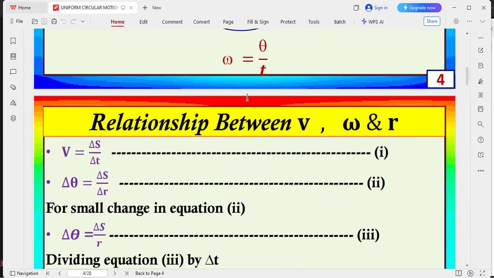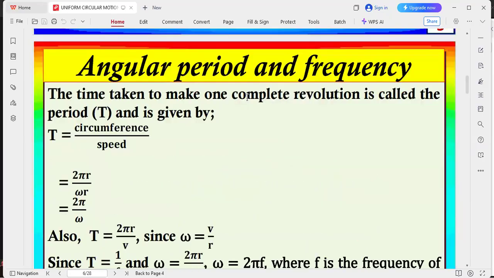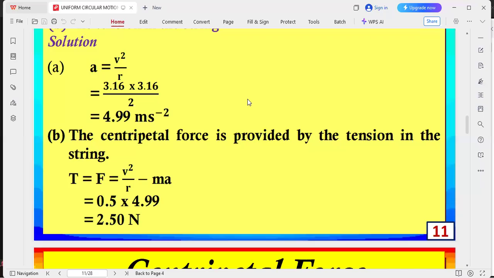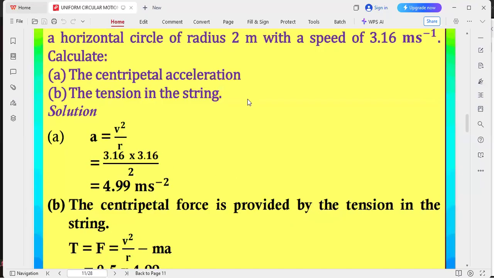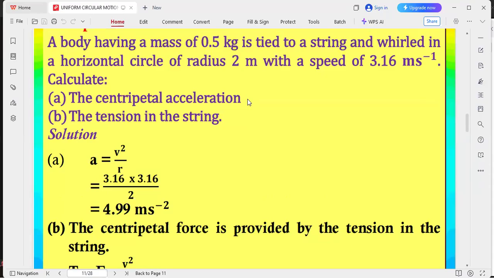So this question was touching on the same, but it wasn't asking about angular velocity. But if you want to use angular velocity, then start by saying omega equals v over r. Our v is 3.16 and our r is 2. So 3.16 divided by 2 gives us 1.58 radians per second.